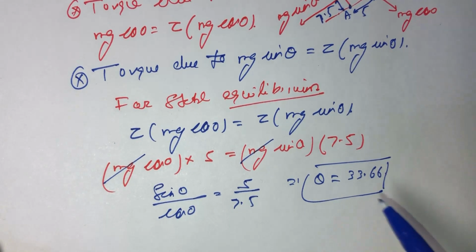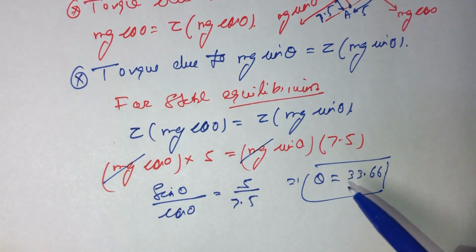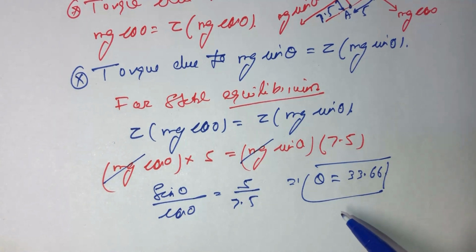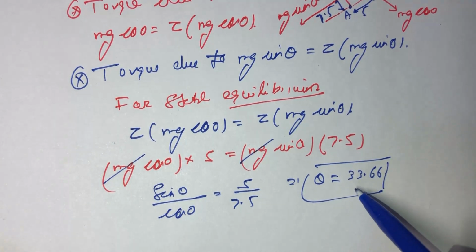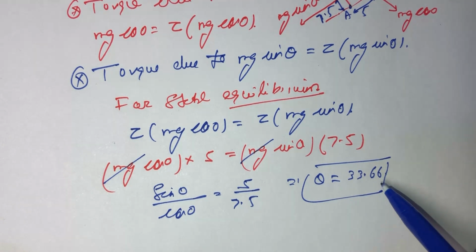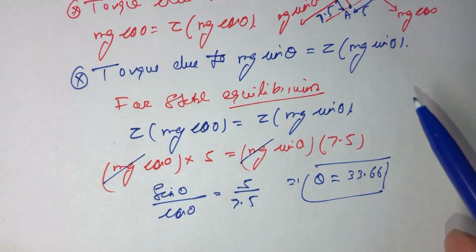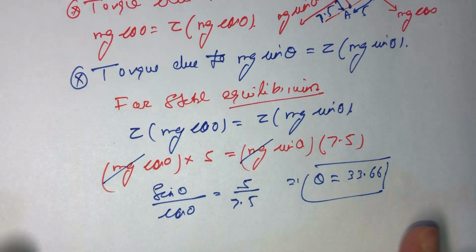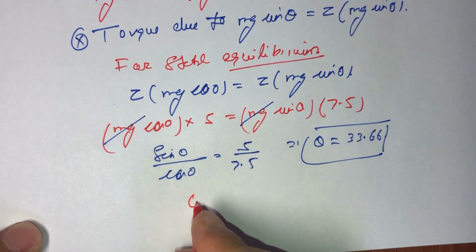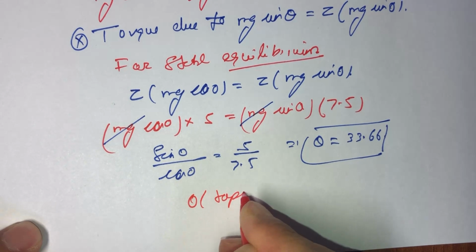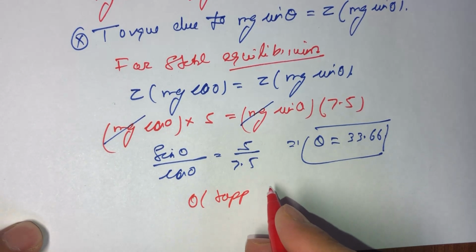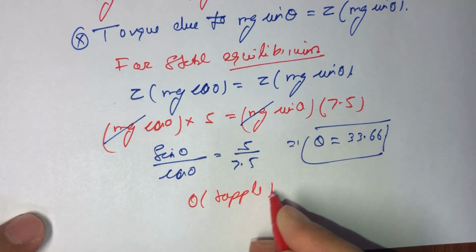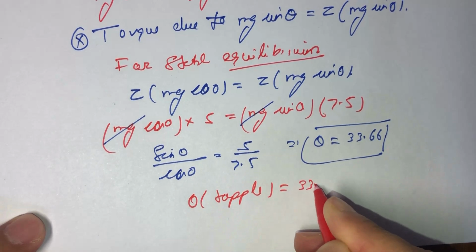That means as the angle of inclination is raised from 0 to the value of 33.66 degree, the block will just start to topple. So let us write this theta as theta topple is equal to 33.66.